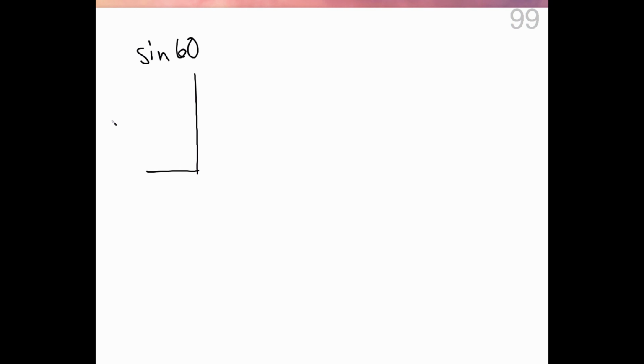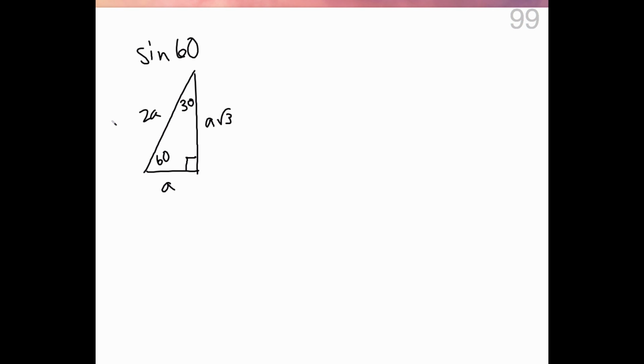So I'm going to use the general form. If this is the general form of a 30, 60, 90 triangle, how long is this side? Half the hypotenuse. A. How long is this? Square root of 3a. A square root of 3, and this? 2a. So we're doing 60 degrees.